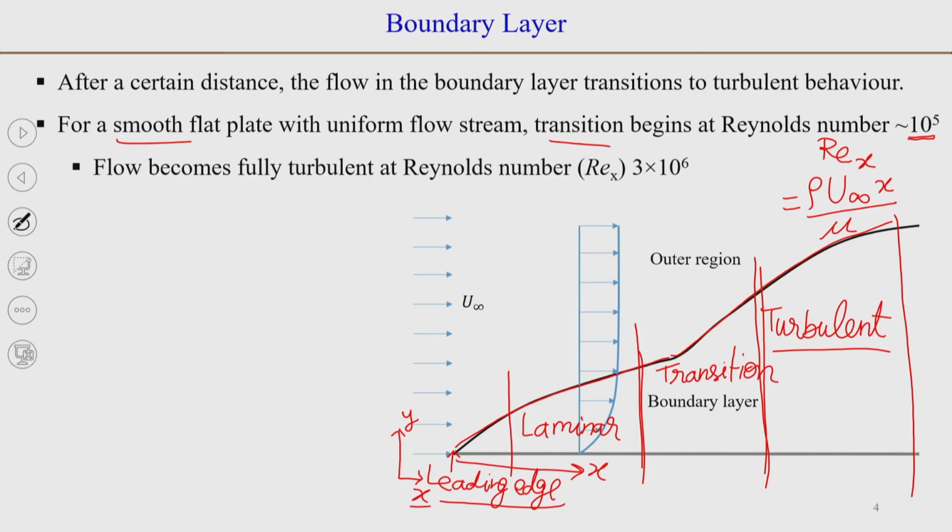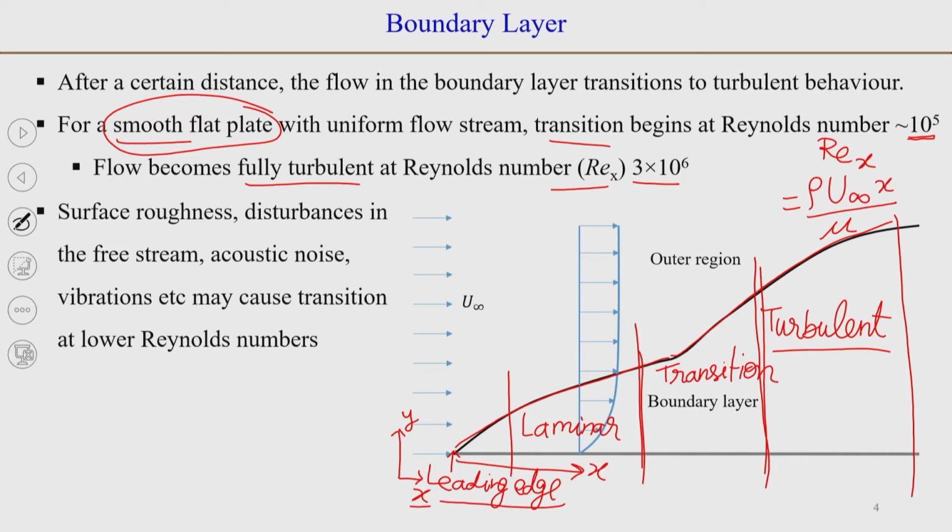Now, at a transition Reynolds number of about 3 into 10 raised to the power 6, the flow becomes fully turbulent, but that is the case when we consider a smooth flat plate. However, in general when we are looking at industrial flows or flows that we encounter in engineering, there might be roughness on the surface and disturbances to the flow from several regions.